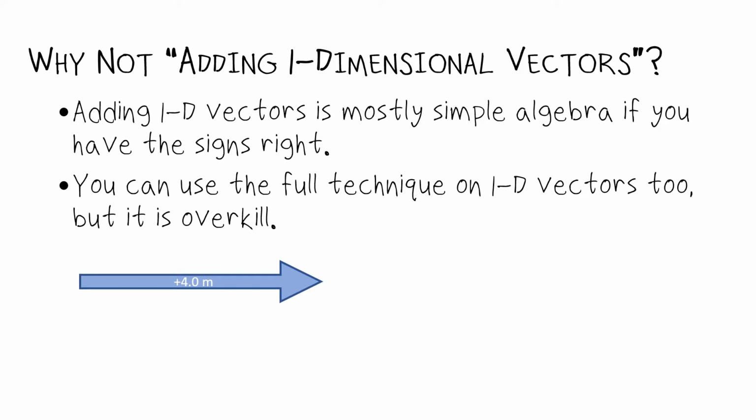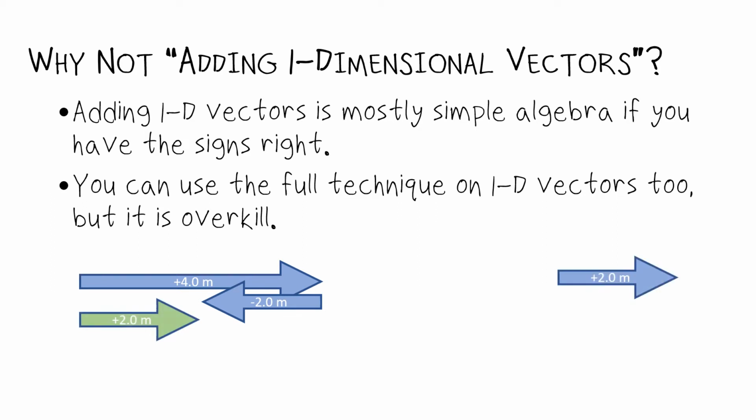So one-dimensional vector, let's say left vectors, right vectors. So a vector says, hey, I go to the right 4 meters. That's plus 4 meters. And then I go to the left 2 meters. That's minus 2 meters. One-dimensional vector addition is simply adding those two together. Plus 4 plus a minus 2 is equal to plus 2. So you're 2 meters to the right of where you started.